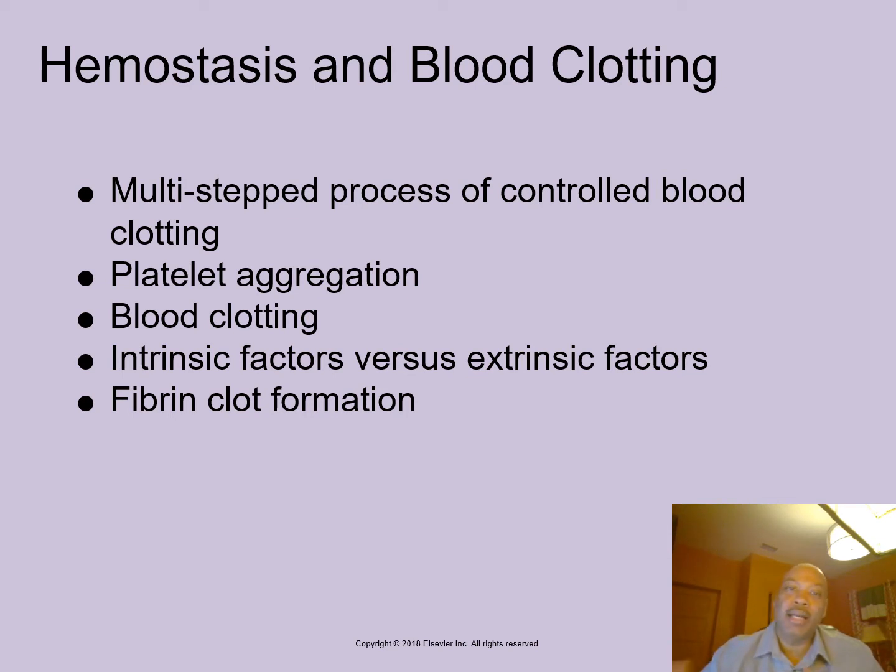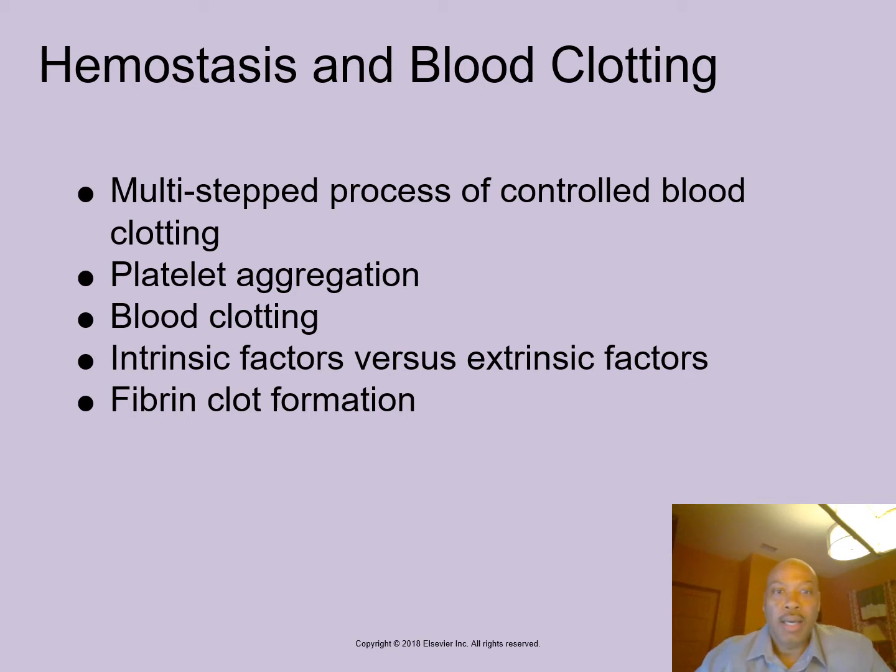We want the anti-clotting process to come into play to shut down that clotting, because too much clotting can form clots and could actually harm your patients. Again, you want clotting only when appropriate, right?